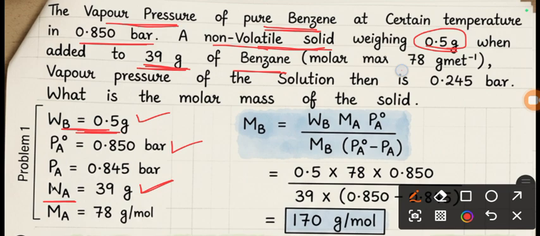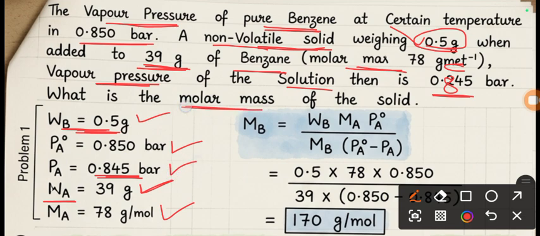The molar mass of benzene is given as 78 grams per mole, so MA is 78 grams per mole. After dissolving 0.5 grams of non-volatile solid, the vapor pressure of solution decreases to 0.845 bar. This is Pa.